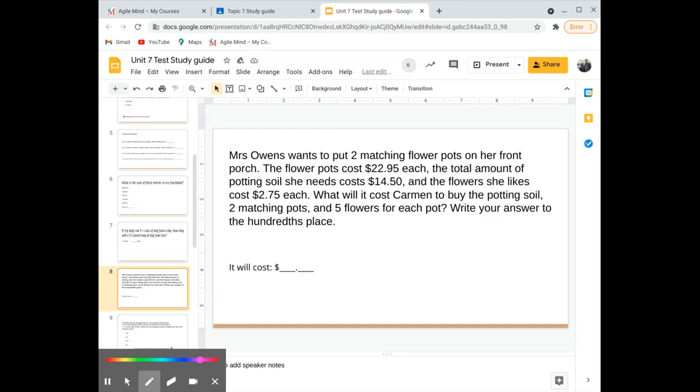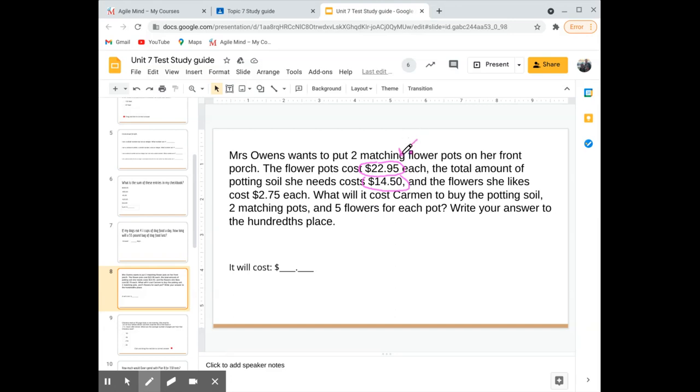All right. So she wants to put two matching flower pots on her front porch. The flower pots are $22.95 each. She needs potting soil. The total amount of potting soil is $14.50.